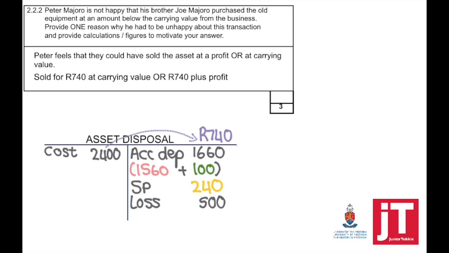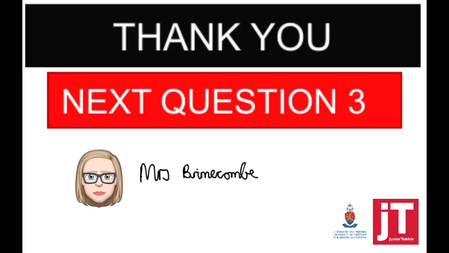Be careful, always look out for that. Many learners calculate the depreciation and then they don't realize, but if they add the depreciation to the accumulated depreciation, it will actually exceed the cost. So please be careful with that.